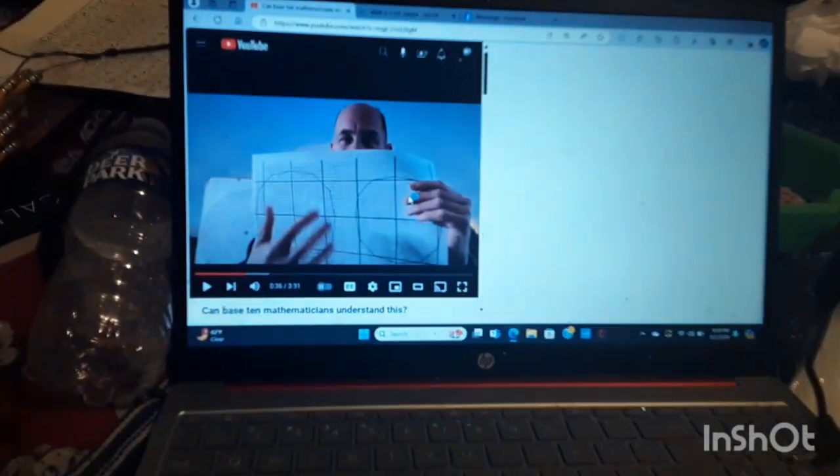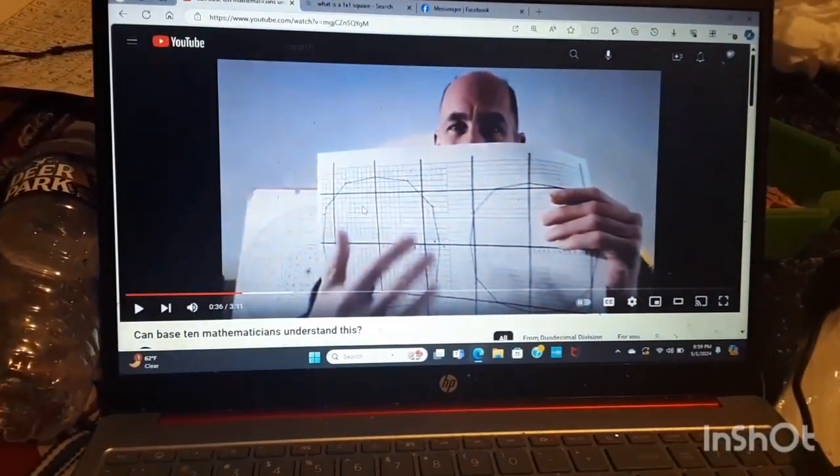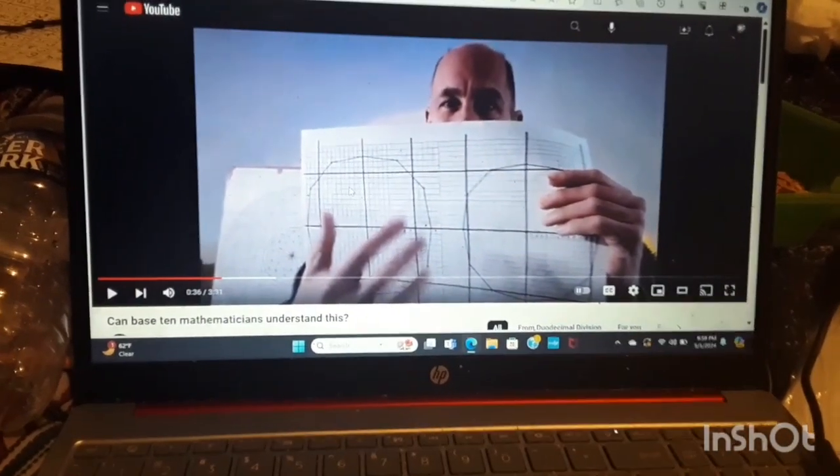Now this is not the same thing as what duodecimal division, the numbers that he uses, and I got his Cartesian plane here, where he shows the difference between base 10 and base 12, using the Cartesian planes.